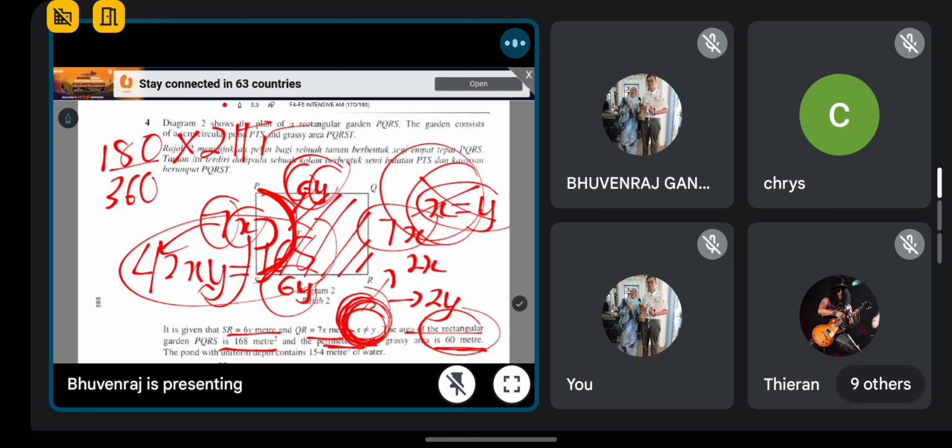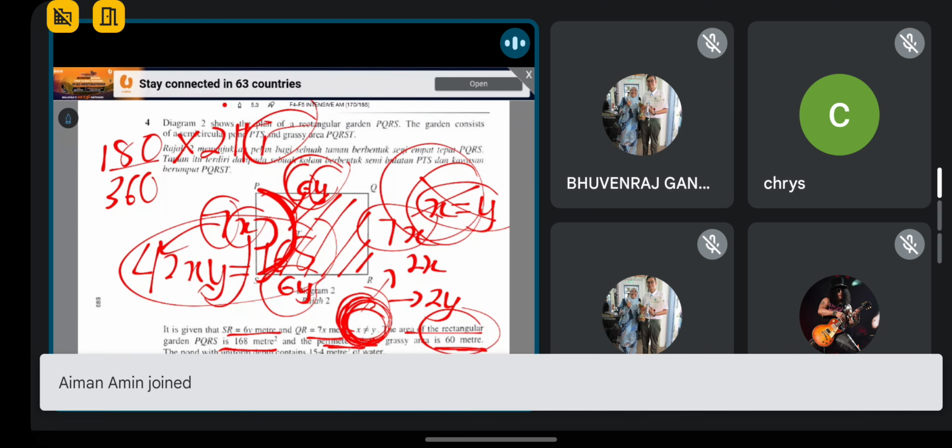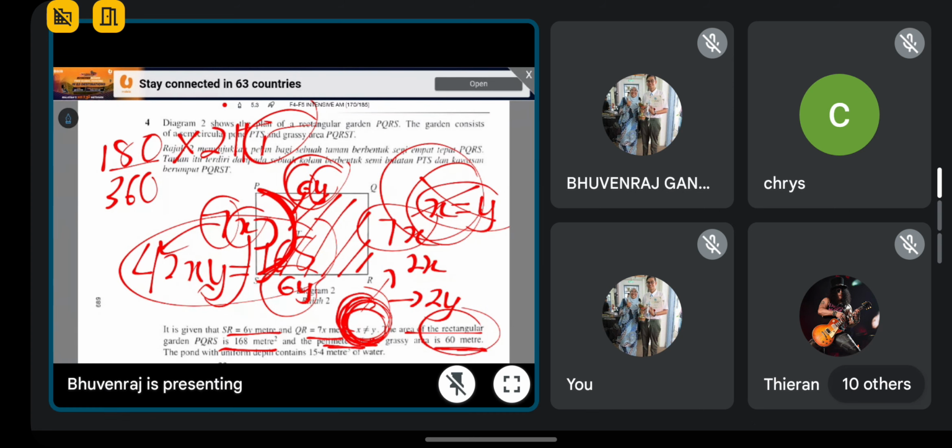Your perimeter. Okay, so I want to ask you guys, R. Nilai R ni kamu akan ganti dengan apa? What value will you sub in R? Very good. 7x over 2. Okay, panjang yang ni adalah 7x. Kalau nak setengah dia, jejari, you have to divide by 2. Bagi 2. R tu jejari. Saya anggap dia adalah jejari. Kalau dalam BM, kamu akan tulis J lah.